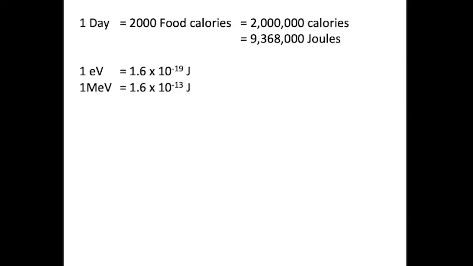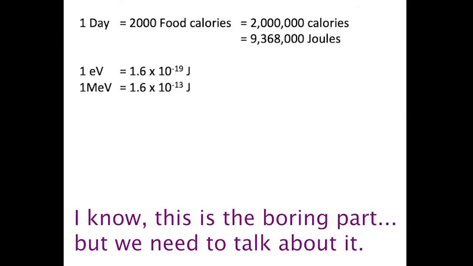We've previously established that an electron volt is an electron's worth of joules, or 1.6 times 10 to the negative 19th joules. And a mega electron volt then is simply a million electron volts, or 1.6 times 10 to the negative 13 joules. One atomic mass unit is 1.66 times 10 to the negative 27th kilograms.